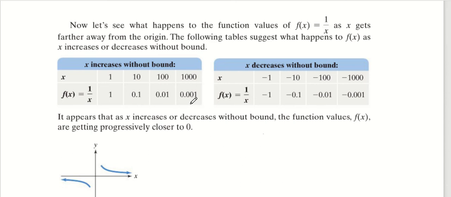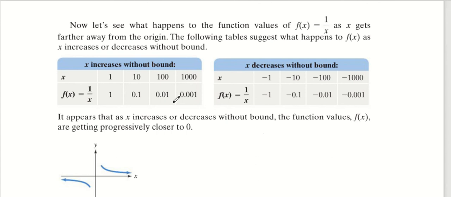We can now try to investigate the end behavior of this function. We've already studied in the previous chapter the end behavior of a polynomial, which is trying to determine what happens to the values of the polynomial as x increases without bound, either positively or negatively.